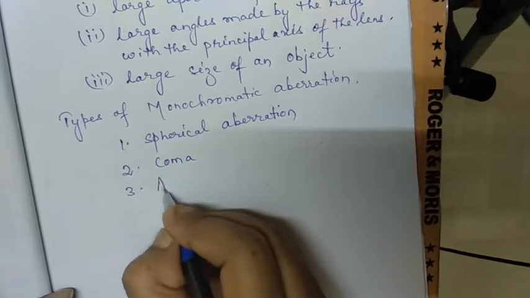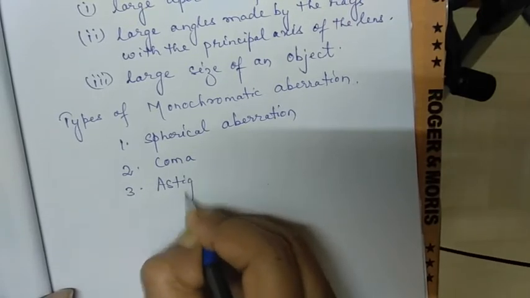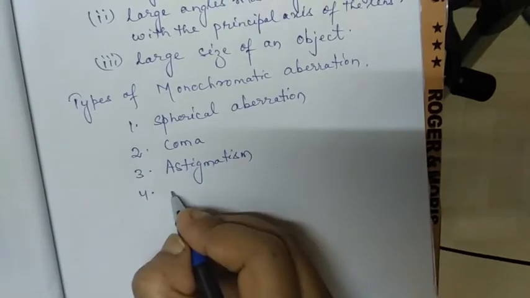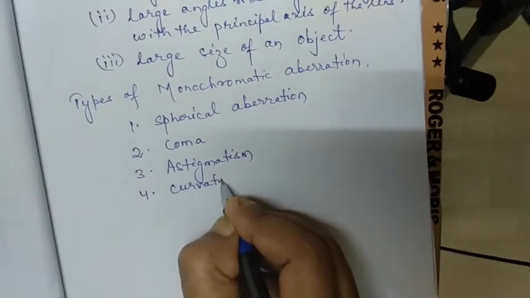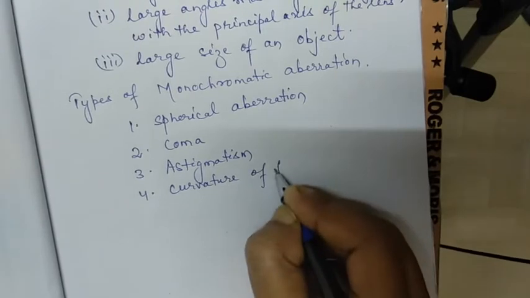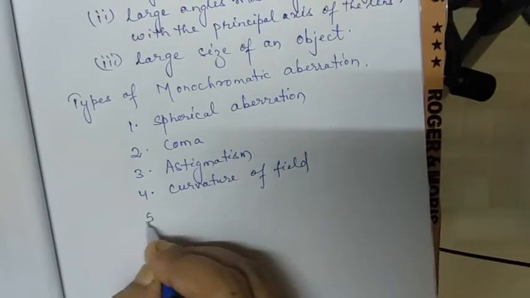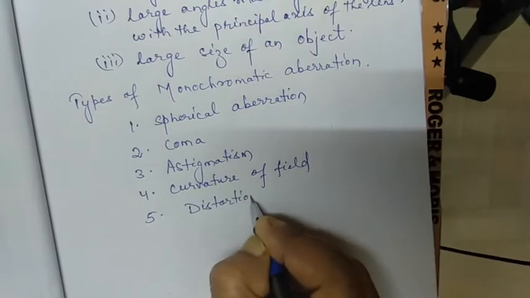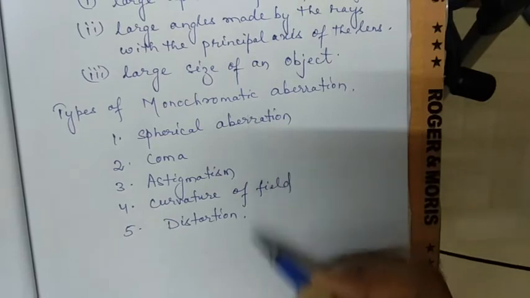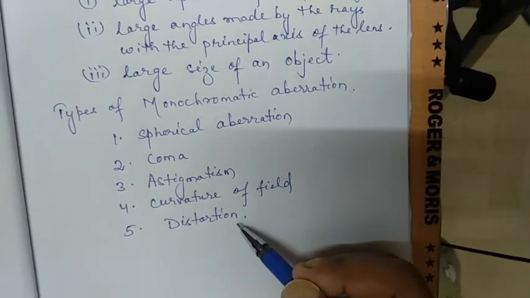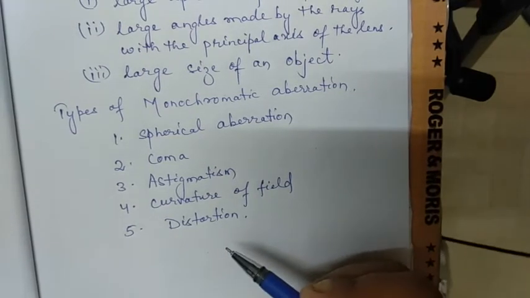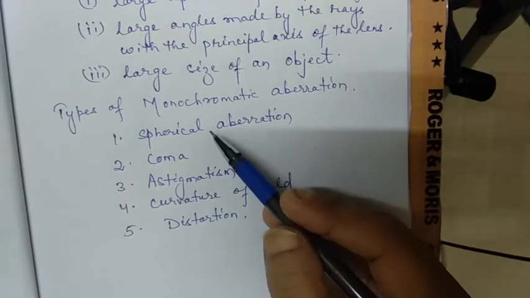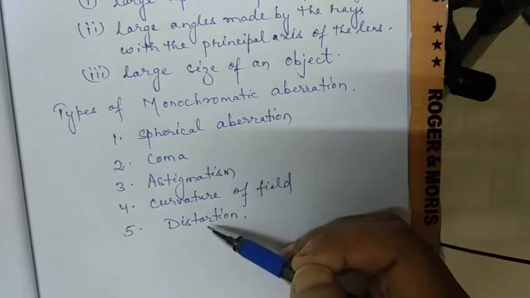Third one is astigmatism. Fourth one is curvature of field. And fifth one is distortion. So these are the 5 types of monochromatic aberrations depending upon the positions of the focal lengths. Now I will be discussing them one by one.